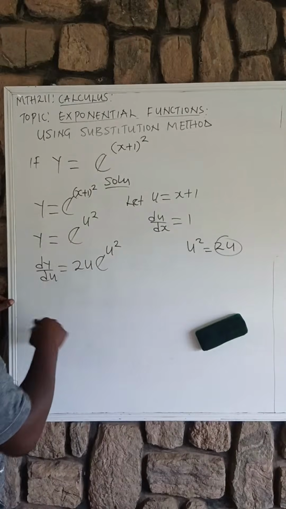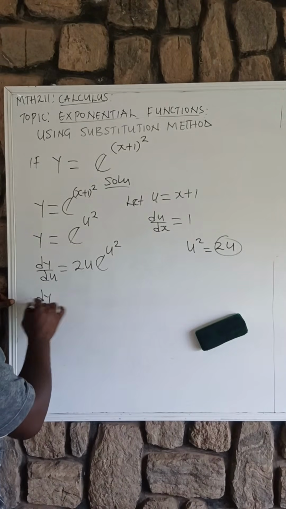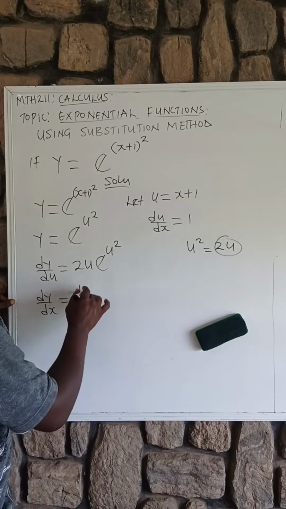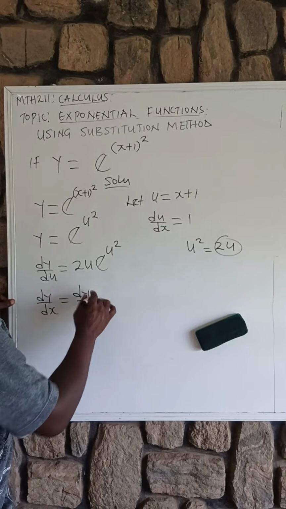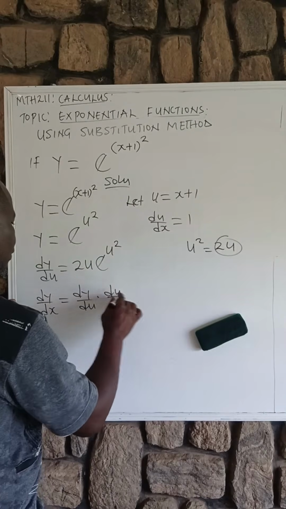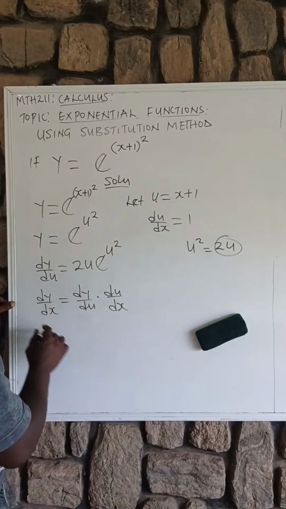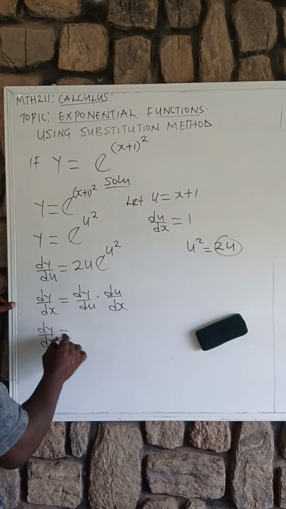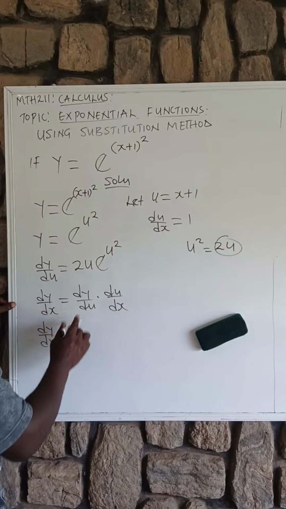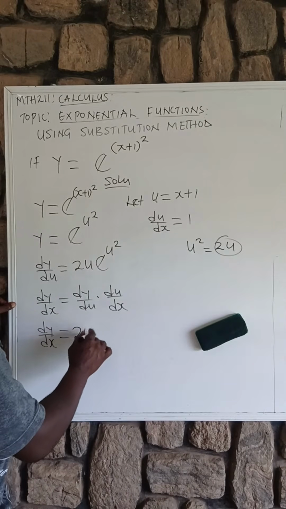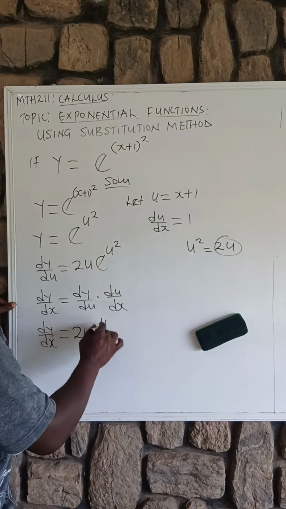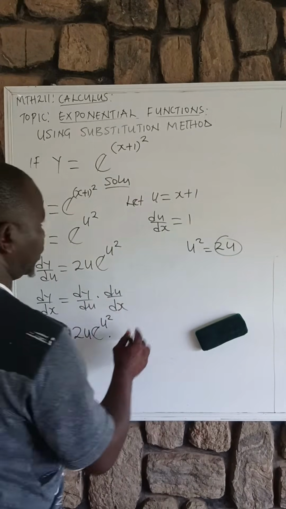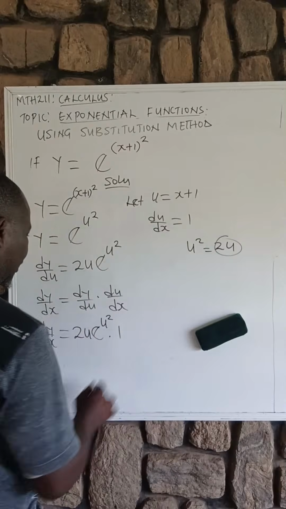So our chain rule will now be dy over dx is equal to dy over du times du over dx. So far so good. dy over dx is 2u exponential u squared times du over dx, which is 1.